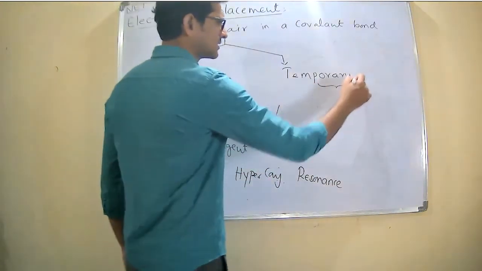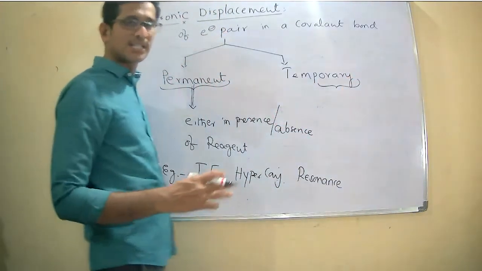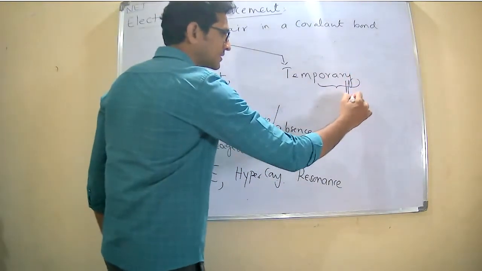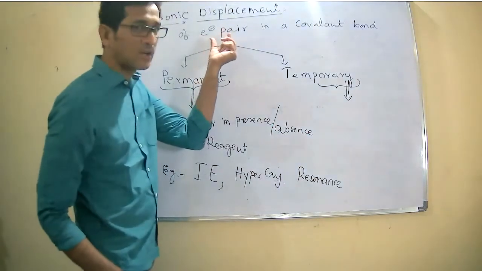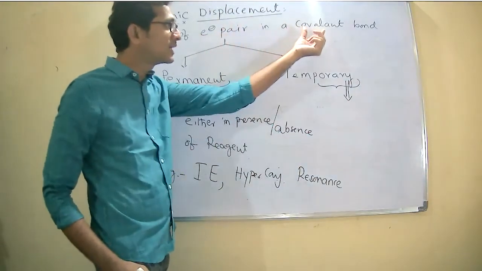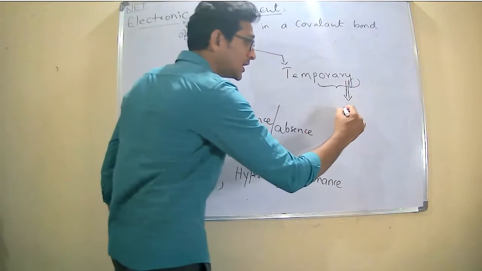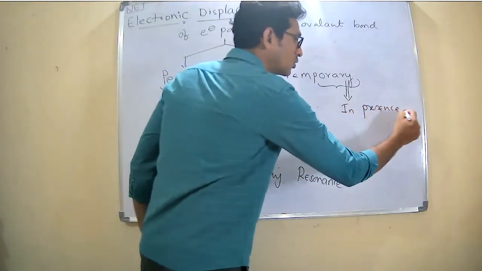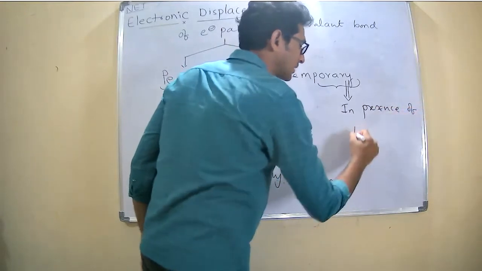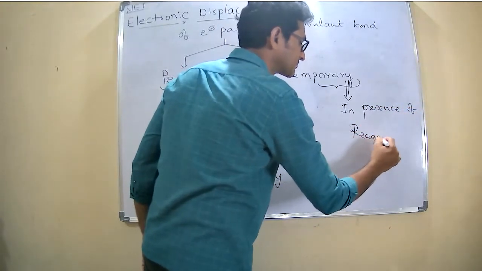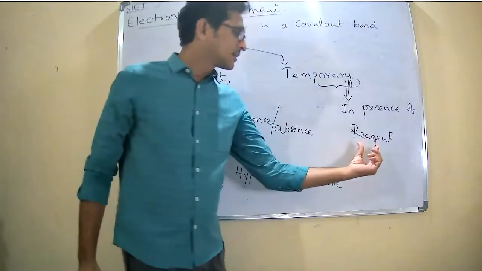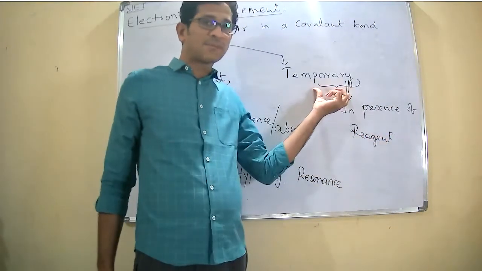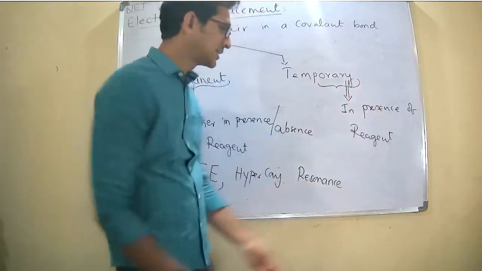Next, what is a temporary electronic displacement? The displacement of an electron pair in a covalent bond takes place only in the presence of reagent. Here the presence of reagent is mandatory. If there is no reagent, there is no temporary electronic displacement.